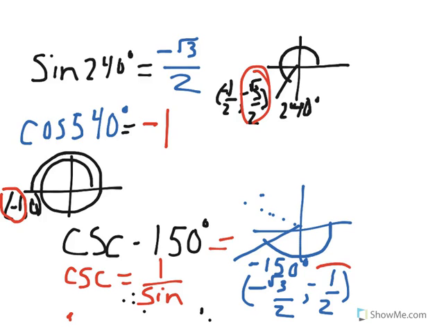Cosecant is the reciprocal of what your sine value is. Since that says -1/2, the reciprocal of -1/2 would be 2, and it would be negative. So our cosecant for this would be equal to -2, because we have to take the reciprocal of 1/2. Okay.